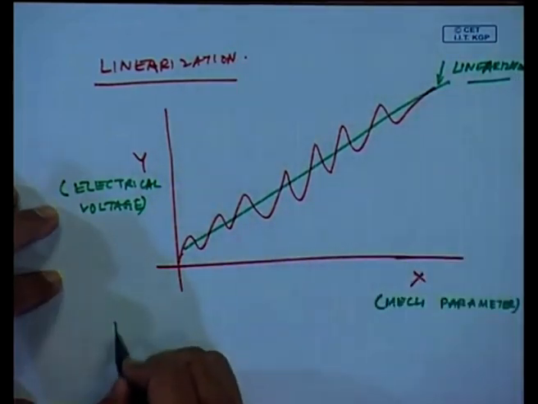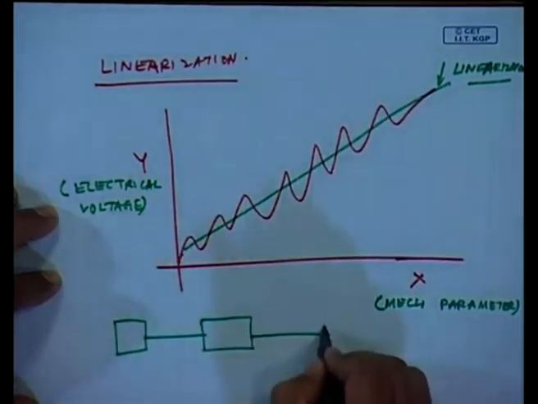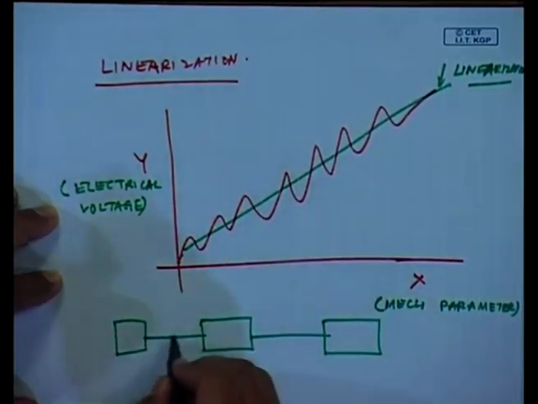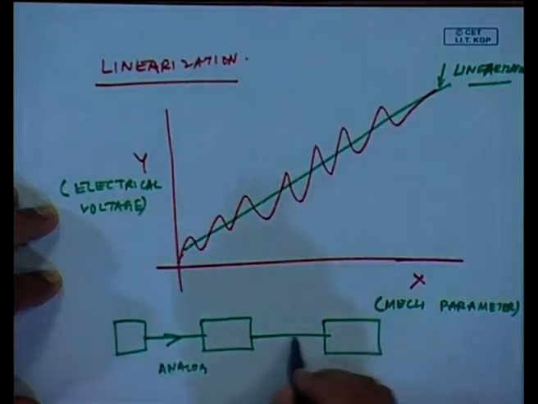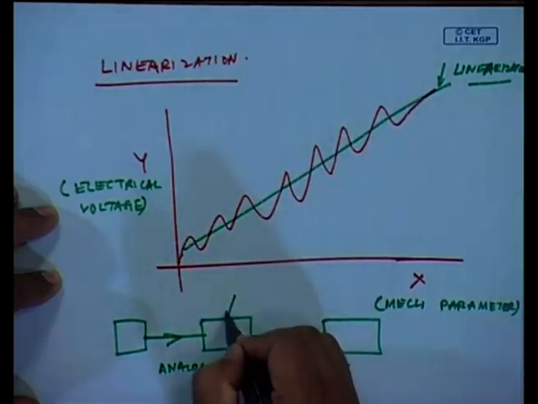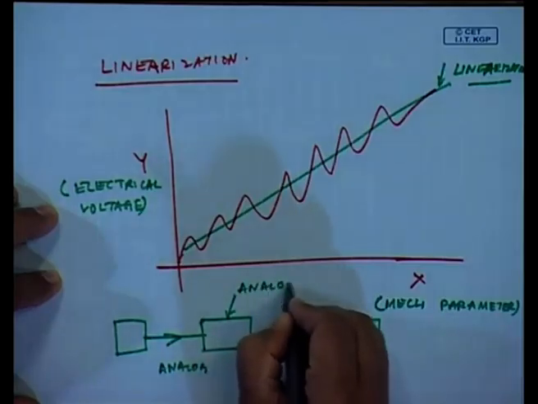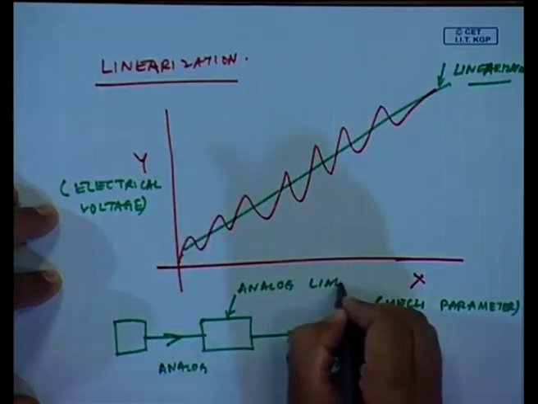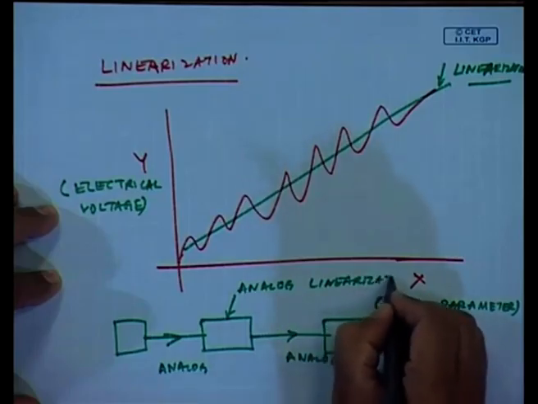So, either through a device, either analog or digital, I could linearize the response. While we are doing the measurements, if I have my transducer, the intermediate unit and the display unit, these are all analog signals. So, there are analog linearizers or linearization units.